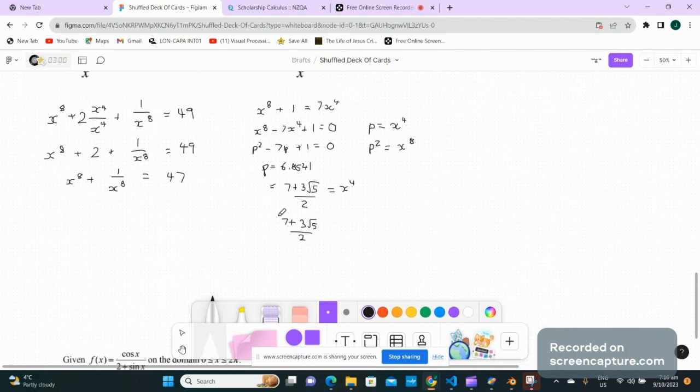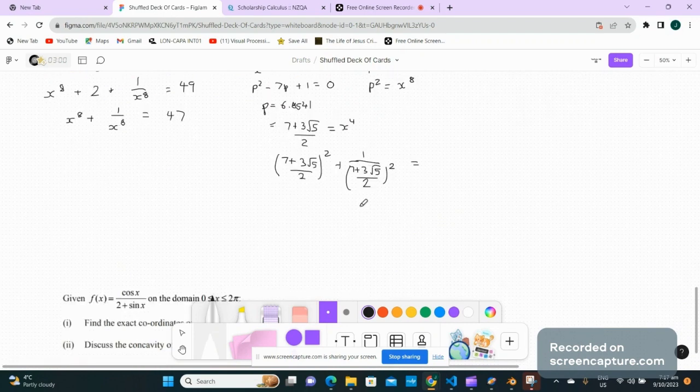So we're going to square this here, and then we're going to add 1 over the same thing. So 7 plus 3 square root 5 over 2, squared. That's going to equal, again, we could put it into our calculator.